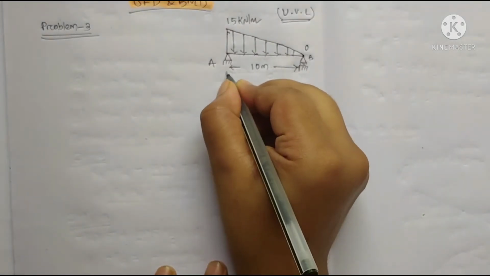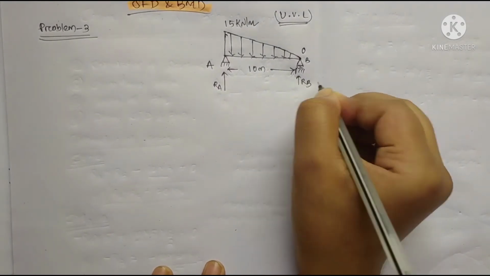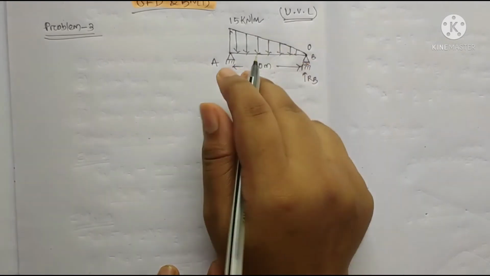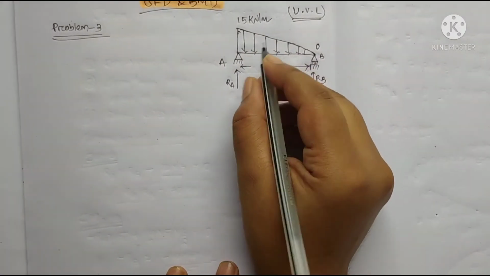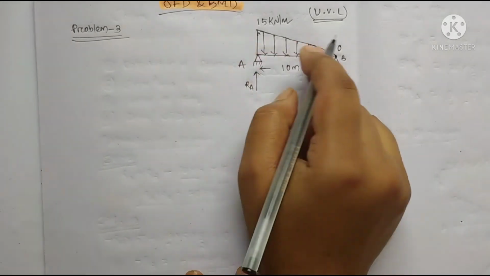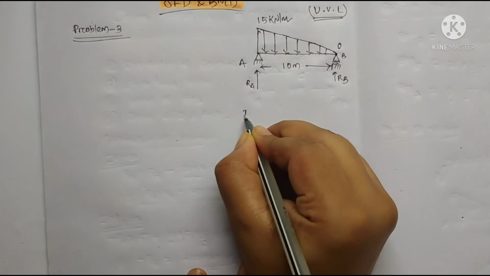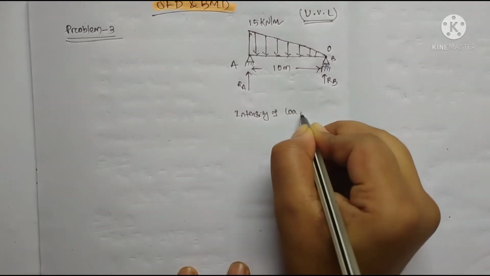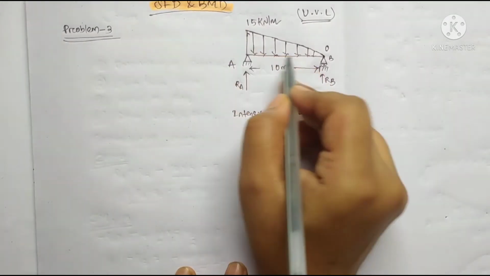As it is a simply supported beam, the reactions will be RA and RB. And here, first we will discuss what is the intensity of the uniformly varying load. The intensity of uniformly varying load will be the area of the entire loading diagram. So the intensity of load will be equal to half into the area of the loading diagram.